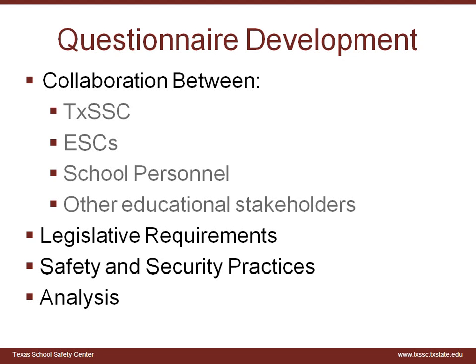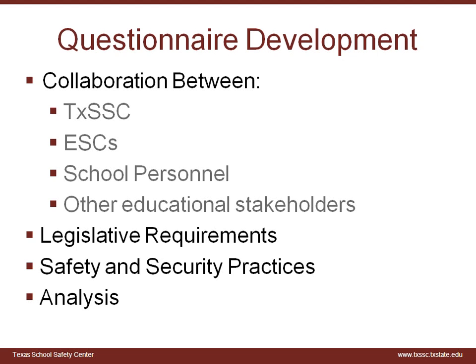The questions that we ask in the reporting process have different functions behind them, and one of them is obviously the legislative requirements. A big bulk of those reporting questions come from Chapter 37 to give us an idea of where schools lie in compliance with Chapter 37-108. Secondly, there are questions that pertain to safety and security practices that schools are conducting, which also gives us an idea of what schools are doing to ensure safety and security in their schools and some of the best practices that are working for them.